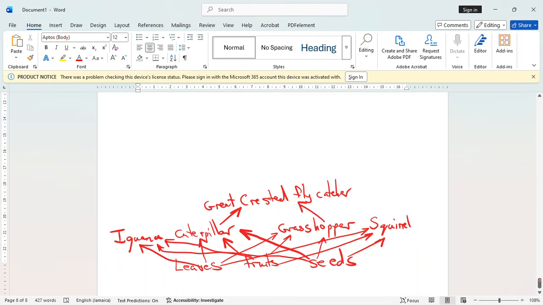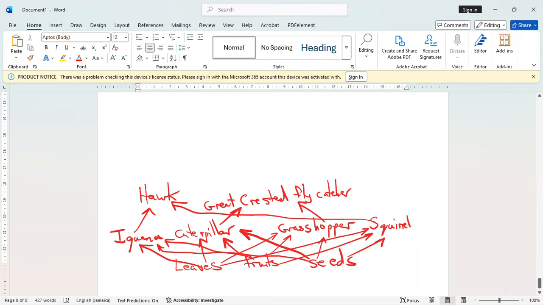And we have the hawk, and they eat the squirrel and the iguana.